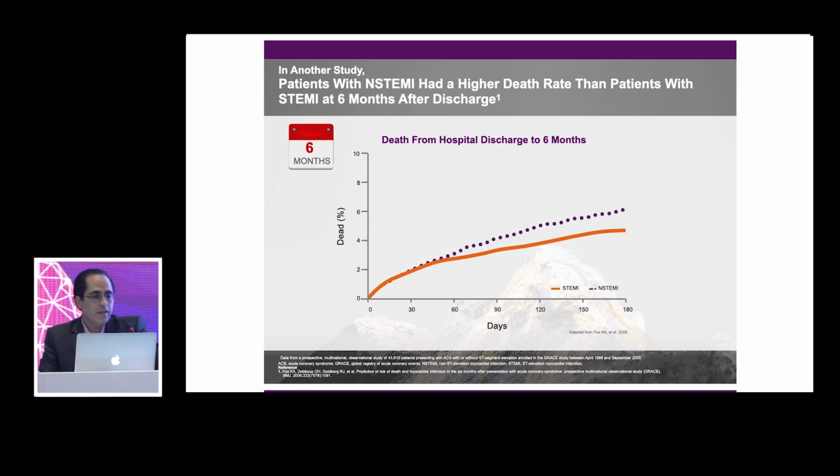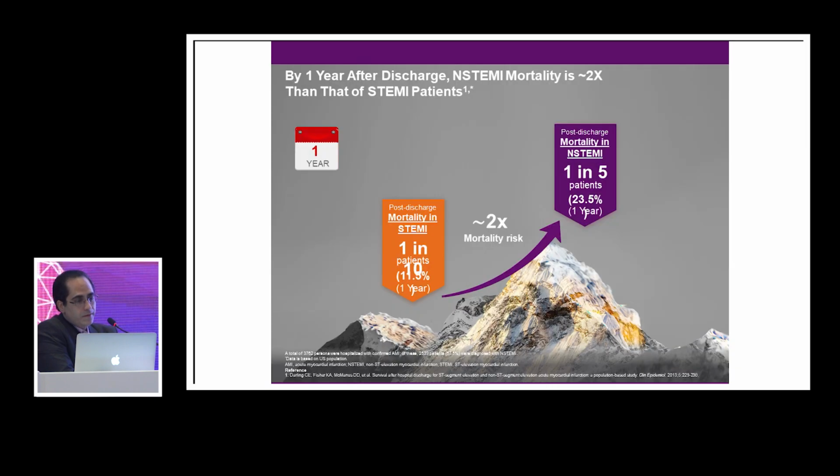Also, in another study, after 6 months, you can see that patients with non-ST elevation MI have a higher death rate than patients with ST elevation, as you see in this slope. Also, after 1 year of discharge, the non-ST elevation myocardial infarction has a mortality rate double that of the ST elevation myocardial infarction patient.